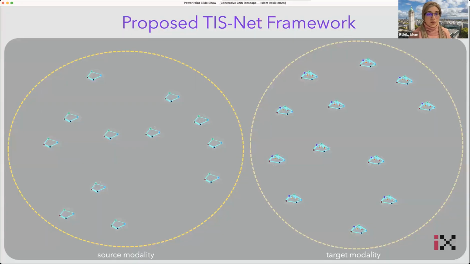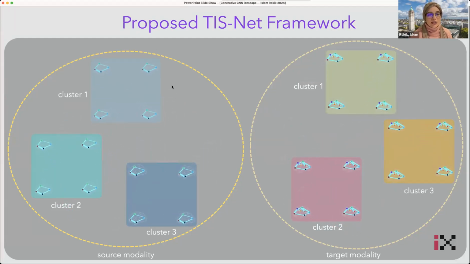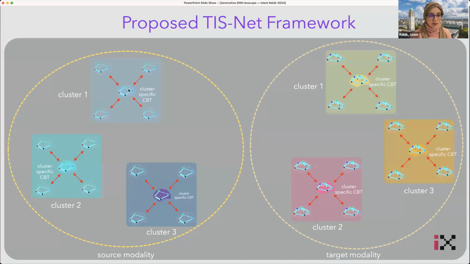So we proposed the TISNet framework, which is composed of different stages, but in a nutshell, we pre-cluster the data to disentangle heterogeneity. So we have different clusters. We apply DGN for each cluster, so we get a cluster-specific template. Then we apply DGN hierarchically again to get the final global CBT for the source domain.